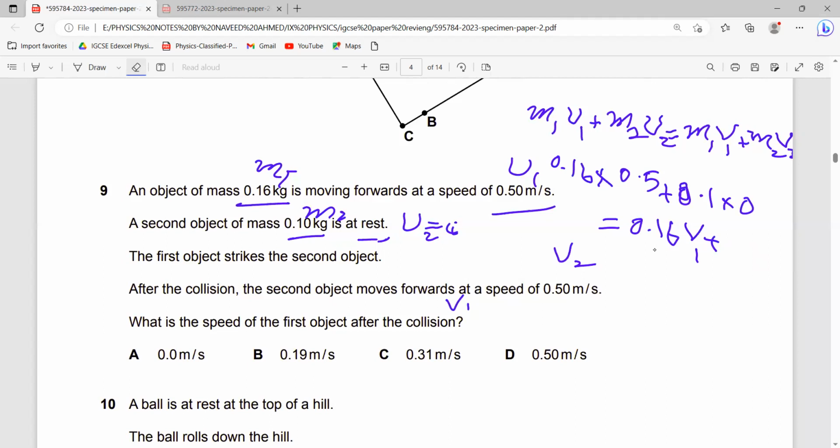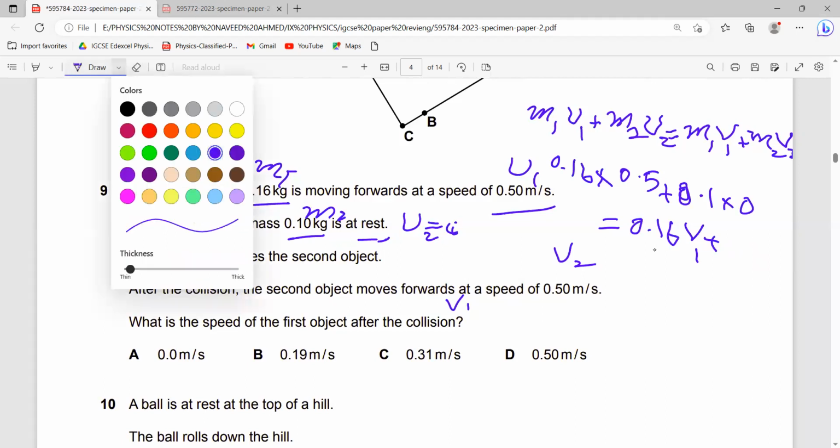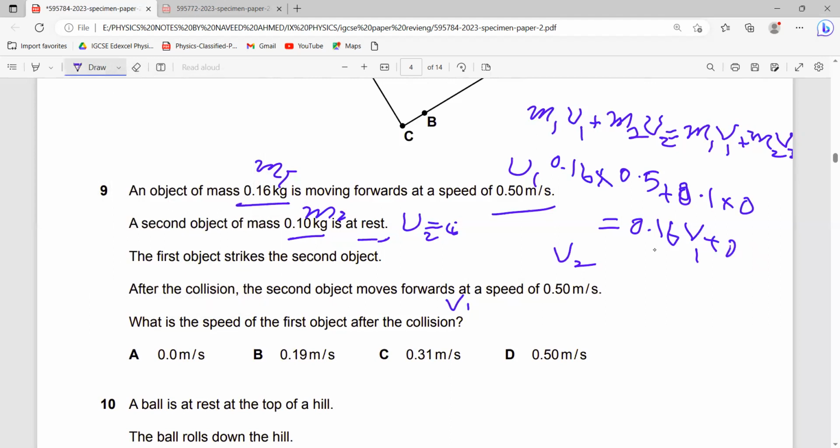We are taking here down the second object, whose mass was 0.1, times 0.5. When you solve it, you will get the answer about 0.18.